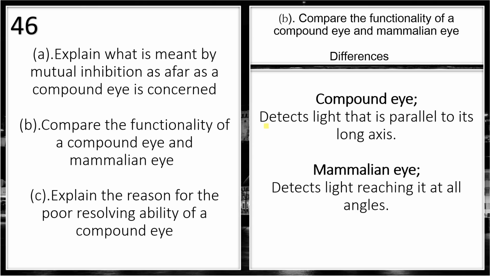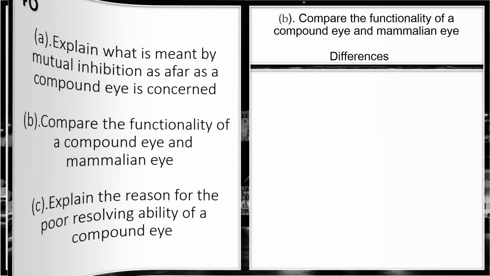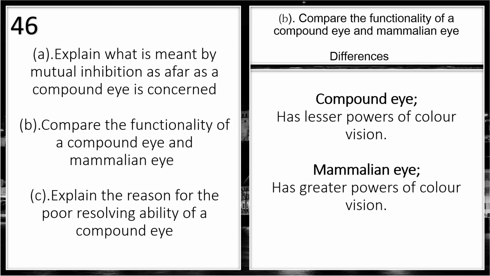Compound eye detects light that is parallel to its long axis. Mammalian eye detects light reaching it at all angles. Compound eye has lesser power of color vision.